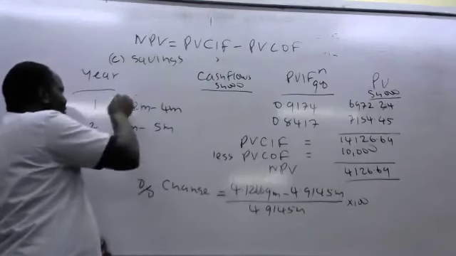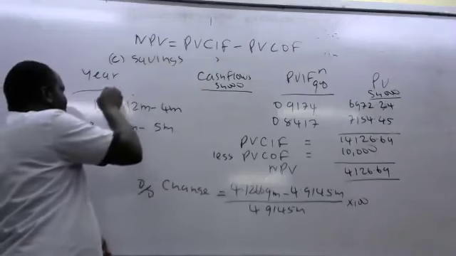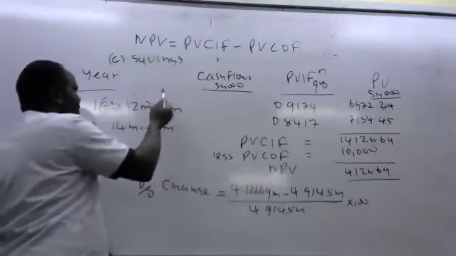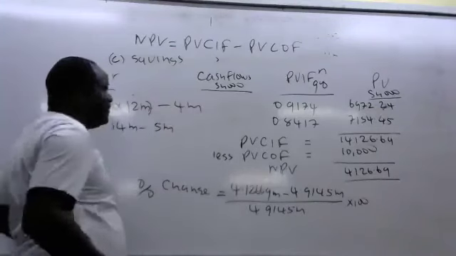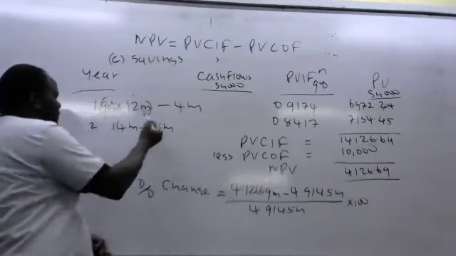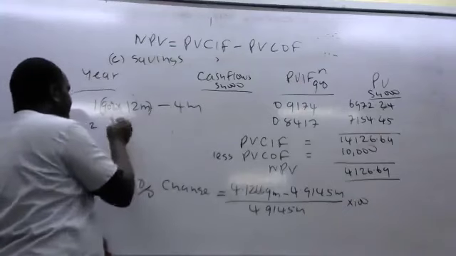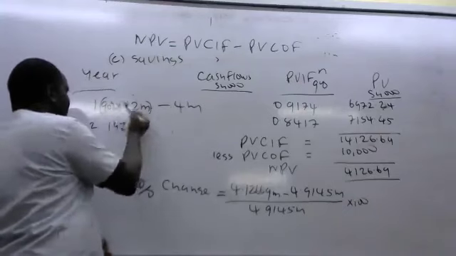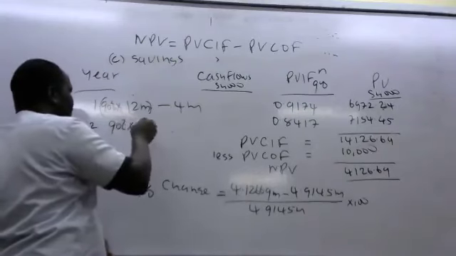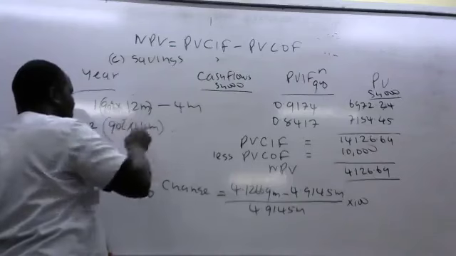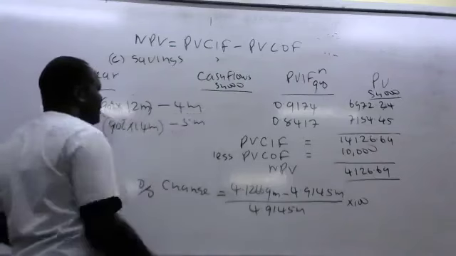So get 90% of that before you subtract now the 4 millions. You also get 90% of the 14 millions before you subtract.